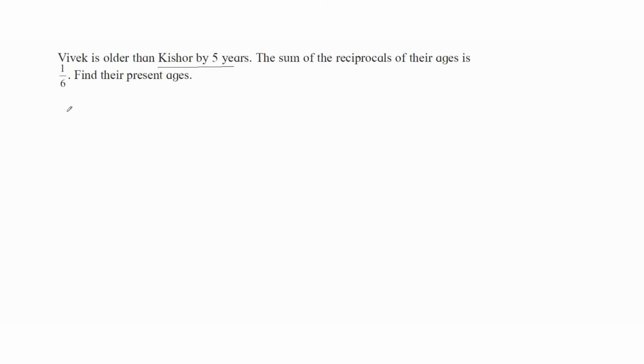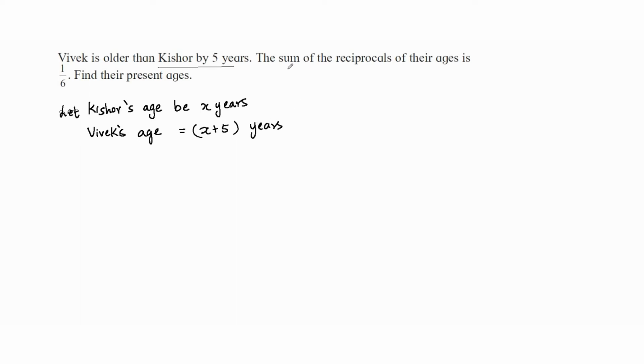That means let Kishore's age be x years. Then Vivek's age therefore is going to be x plus 5 years, right? This is what is given to me.